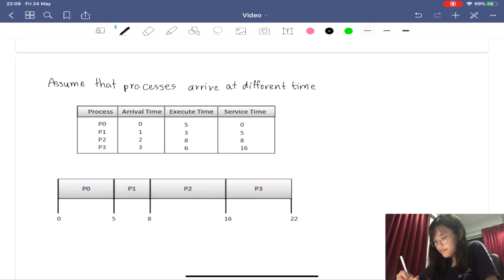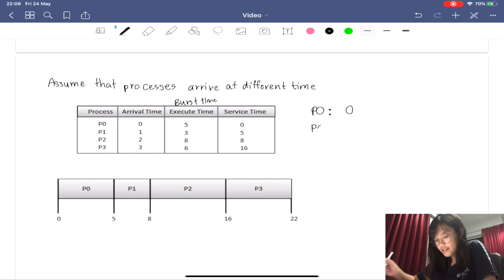P0 arrives at 0, and the execute time, which is the burst time, is 5. So we know that it arrived first, so it doesn't have to wait, so it's 0.